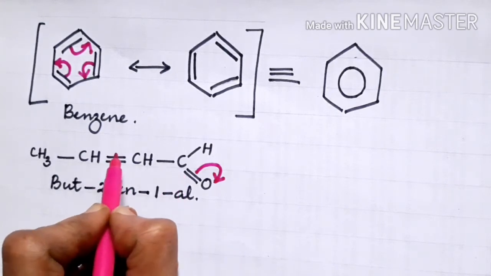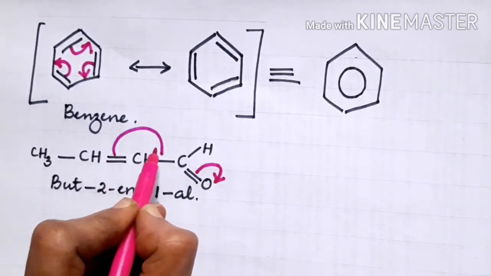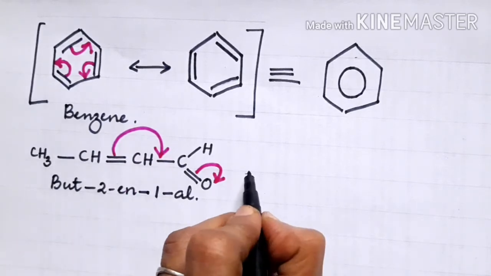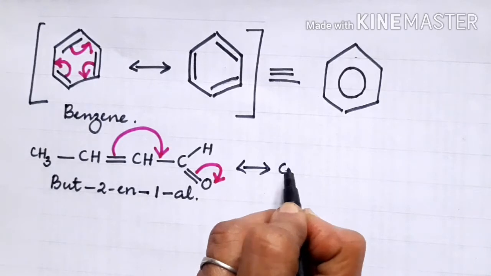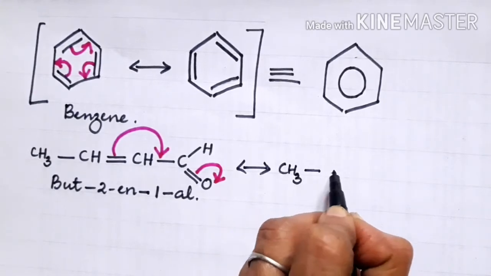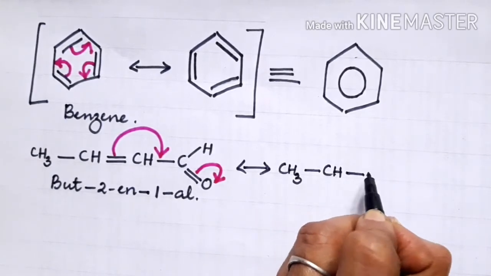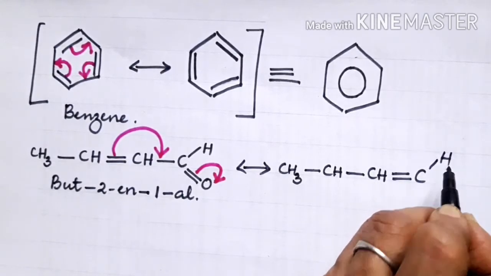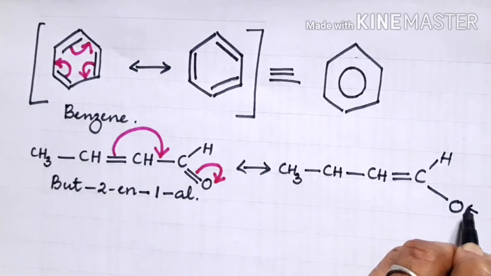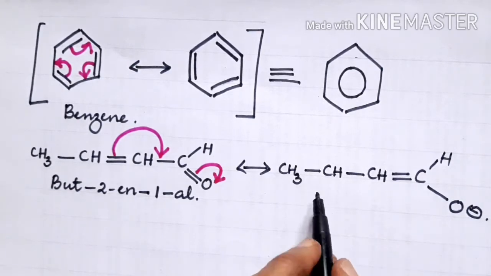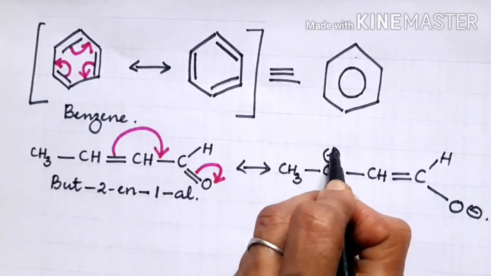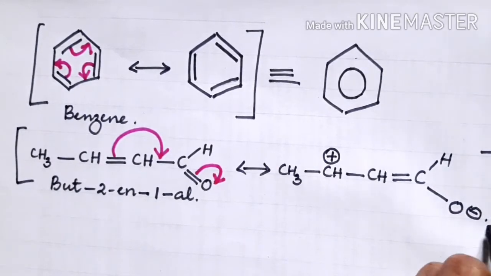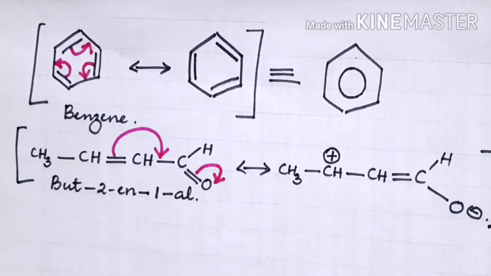So the canonical form can be drawn like CH3-CH=CH-CH=O negative, and this becomes positively charged. So these are the canonical forms or mesomeric forms.